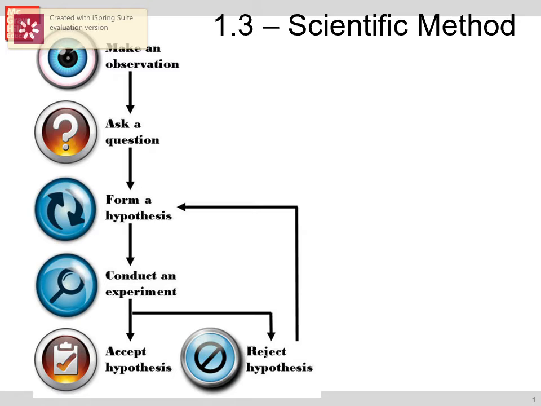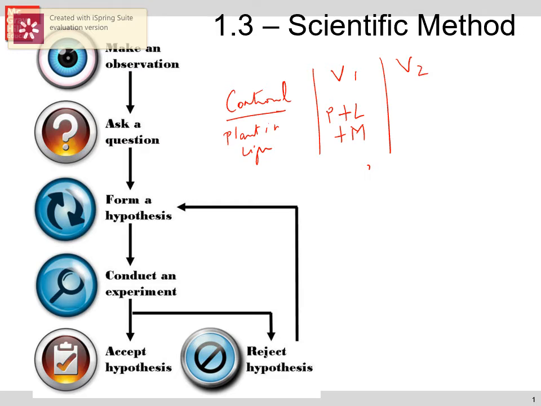Okay, I'm going to write this down. So your control will be plant in light, because you know the outcome. And then your variable one will be the plant plus light plus music. Then your variable 2 will be plant minus light plus music.